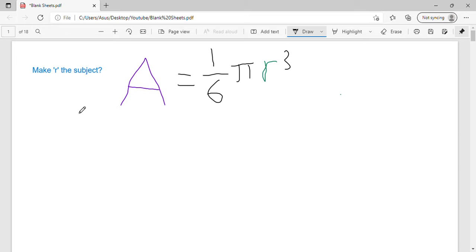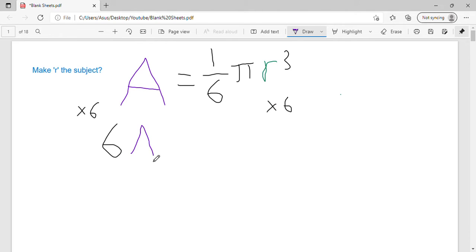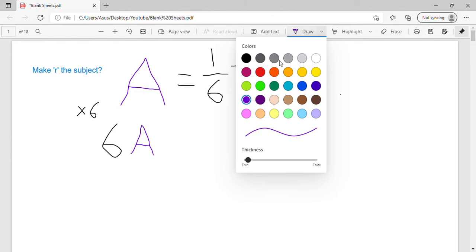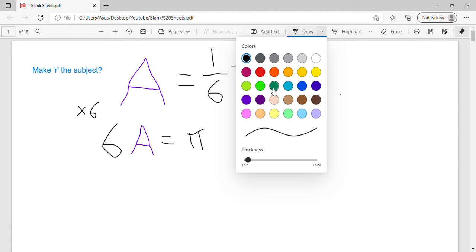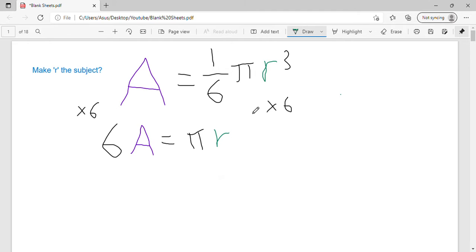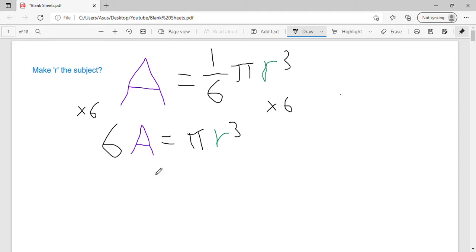So multiply both sides by 6, and that's going to give us 6a equals pi r cubed.